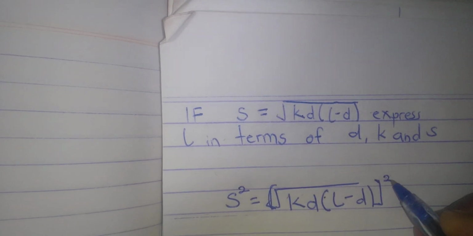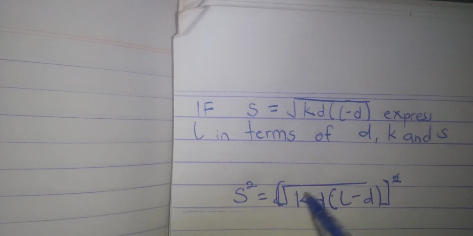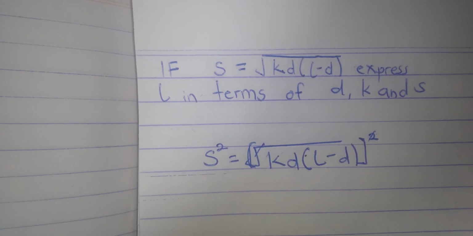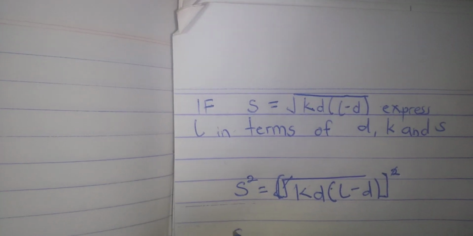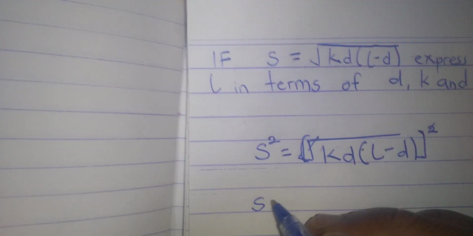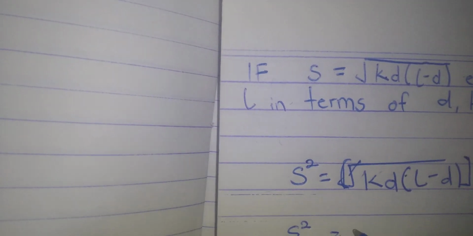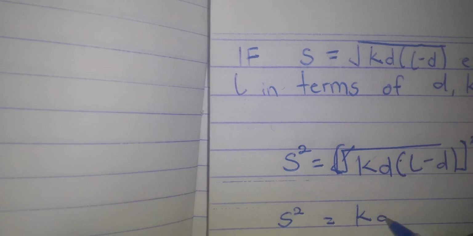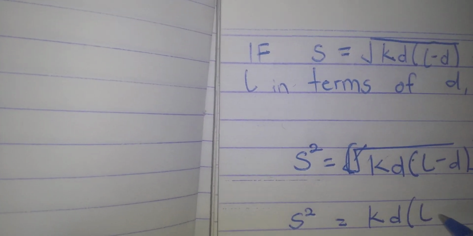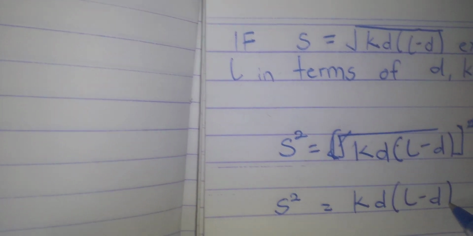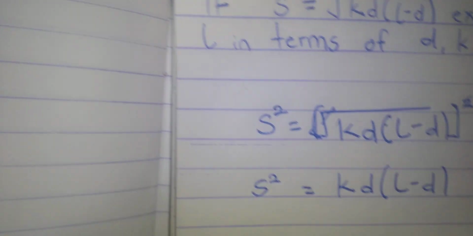Square this, also square this side. So the square here cancels out with the square root, so this becomes s squared equals kd into L minus d. So that's what we are having.